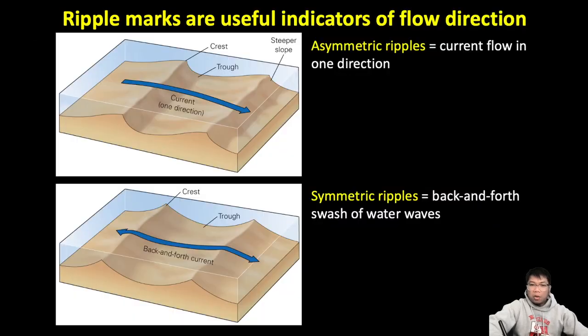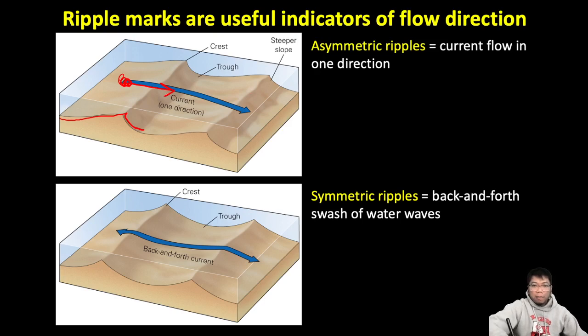Ripple marks are also useful indicators for flow directions. If you have asymmetric ripples, meaning one side of the ripples is steeper than the other, this indicates that the current direction goes from the gentle slope towards the steep slope.